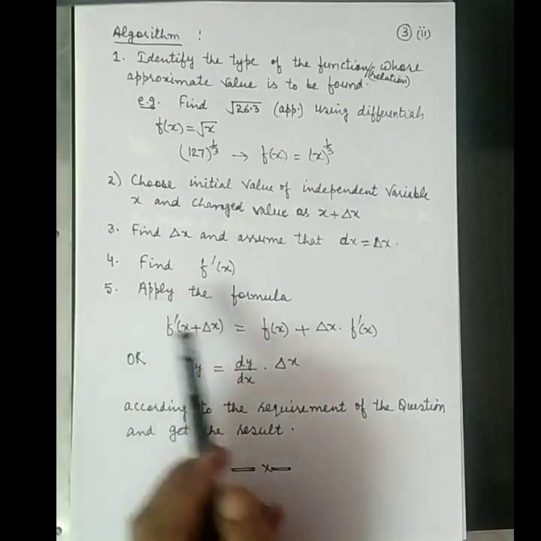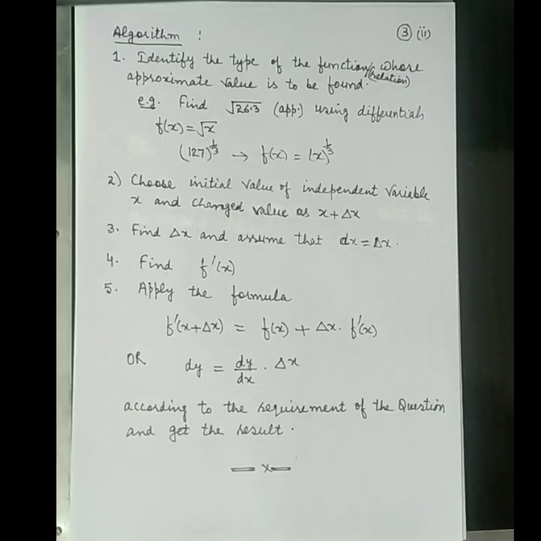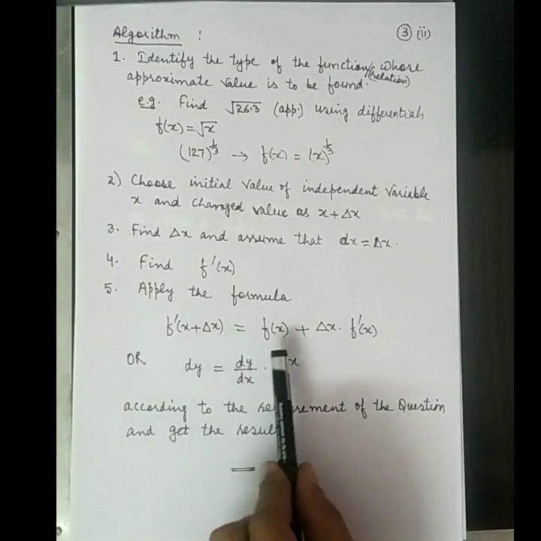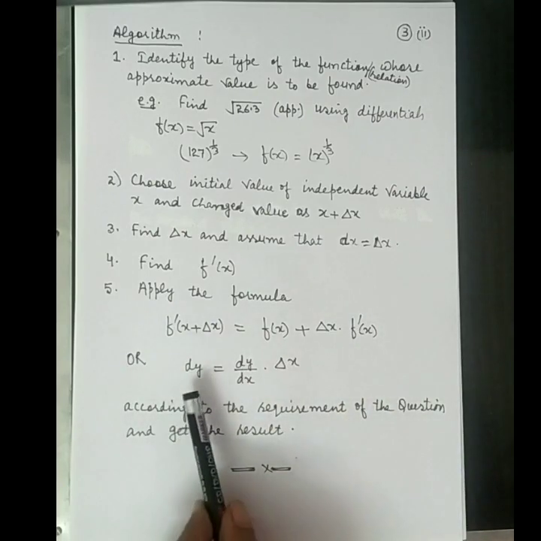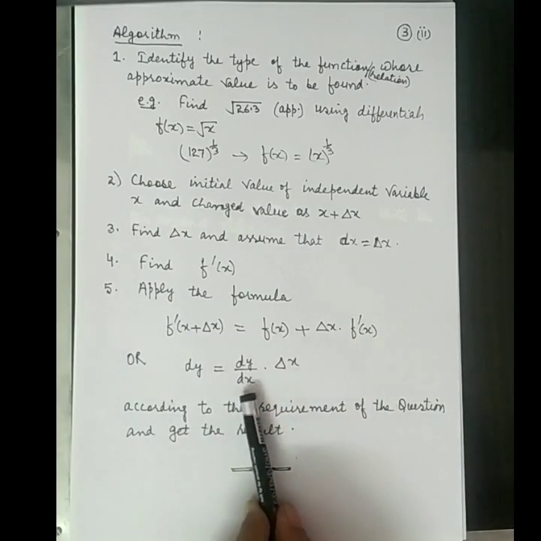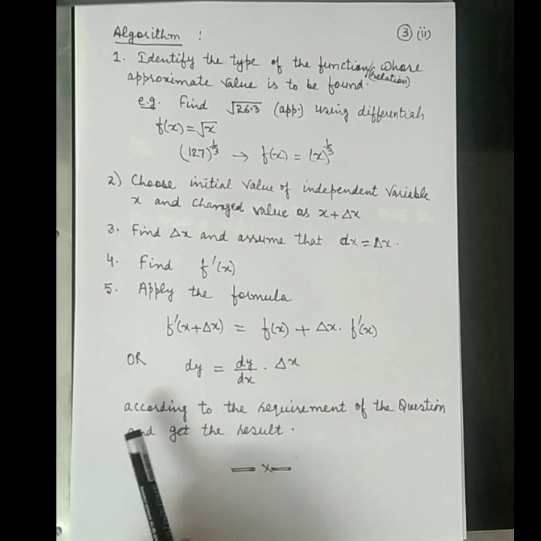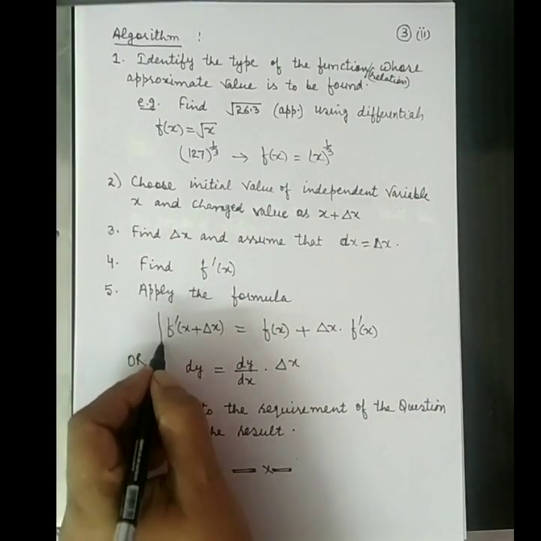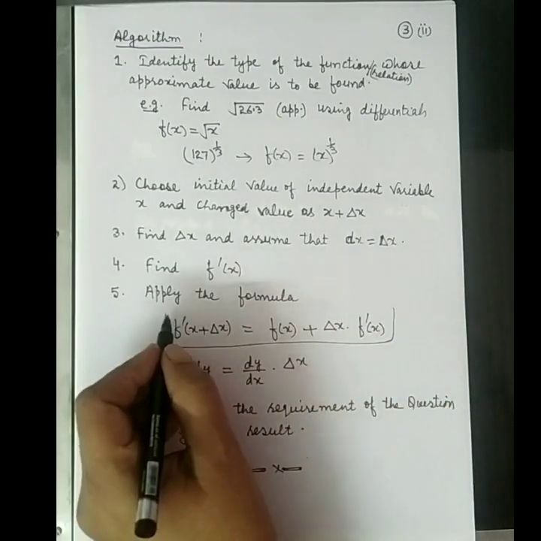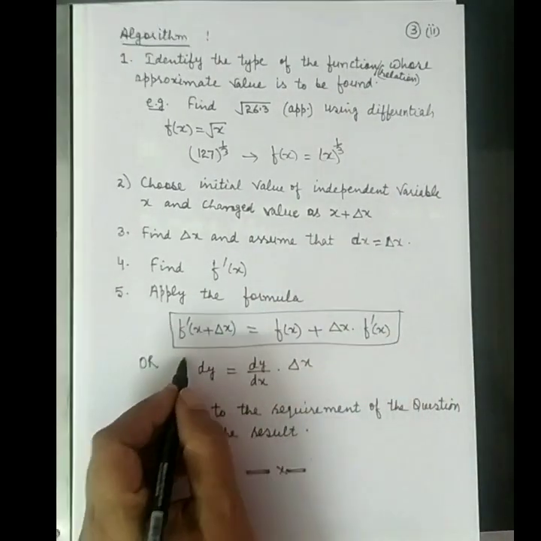Fifth point, apply the formula f of x plus delta x is equal to f(x) plus delta x into f dash x, or dy is equal to dy upon dx into delta x, according to the requirement of the question, and get the result. From these two you have to apply one formula in one question.